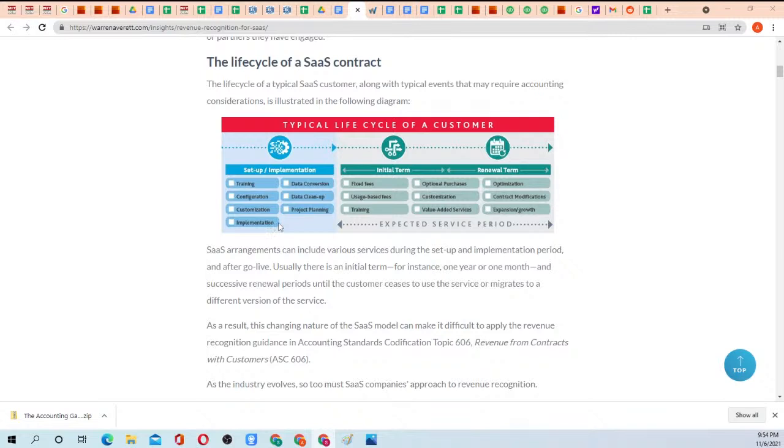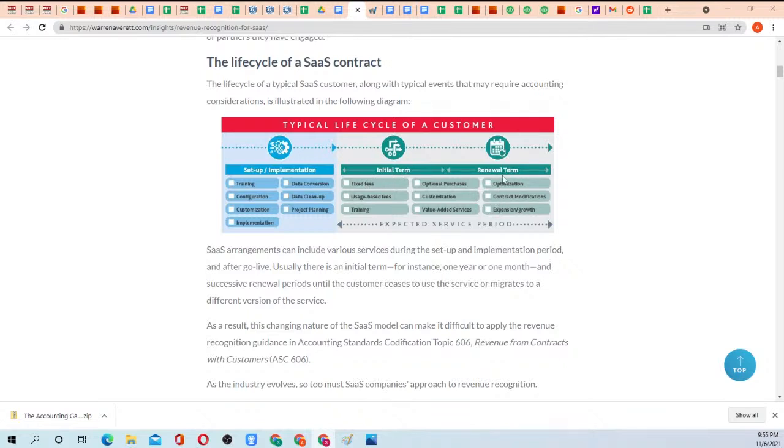When you first implement software as a service from some legacy system, you can go through various complications, and that's why we have that setup cost. Then we have an initial term where we might have various fees. We might provide that initial term at a discount just to lure in the customer, a bait and switch scheme. We might even give them the initial term for free.